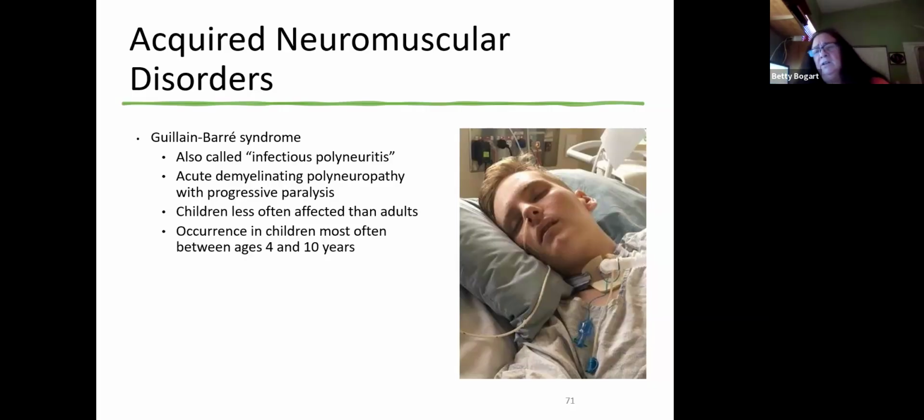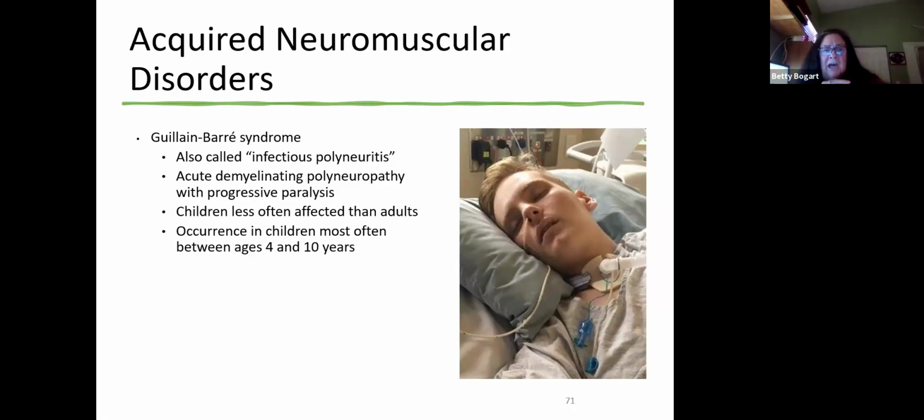control her legs. So Guillain-Barré is what we call an infectious polyneuritis, or an infection of the nerves, which starts at the feet, where you don't feel your feet nerves, and then it travels upwards until it gets to your diaphragm, and then your diaphragm doesn't work.